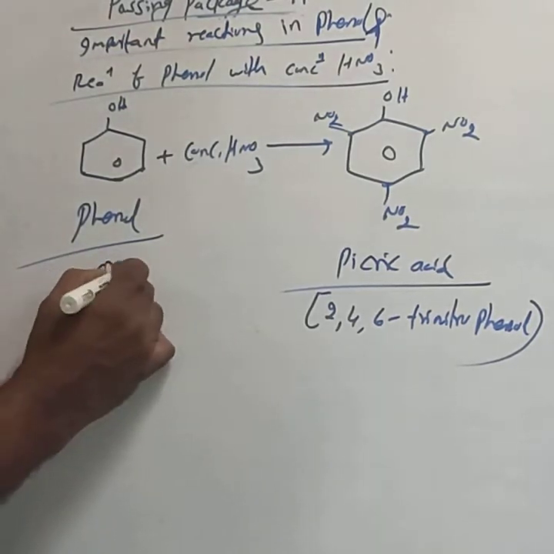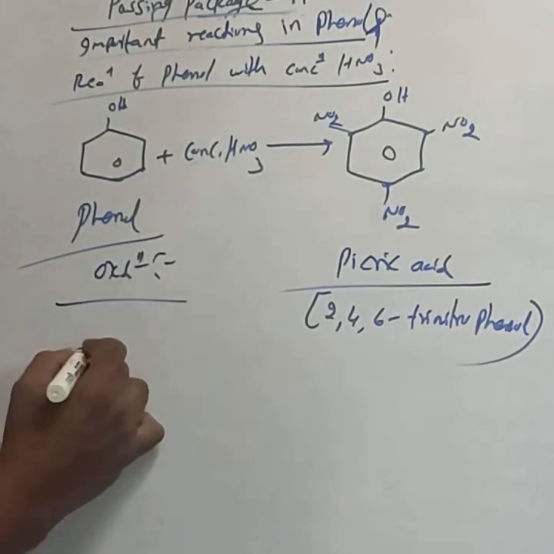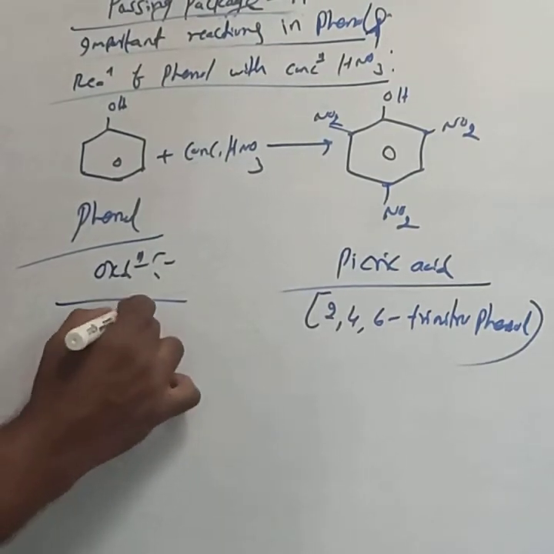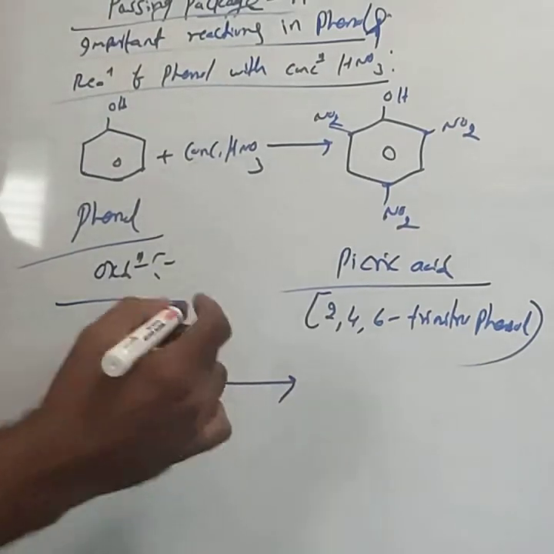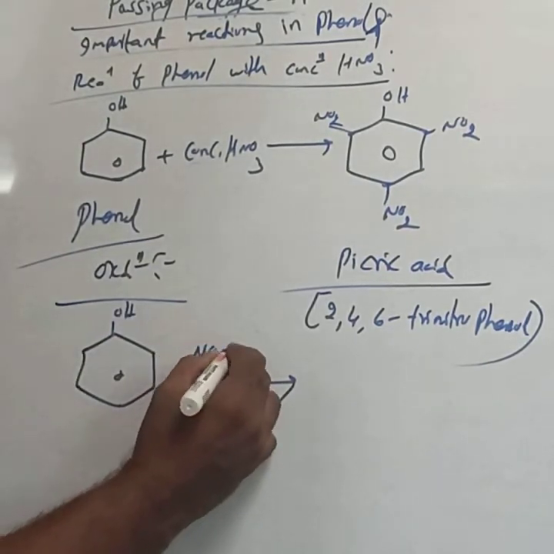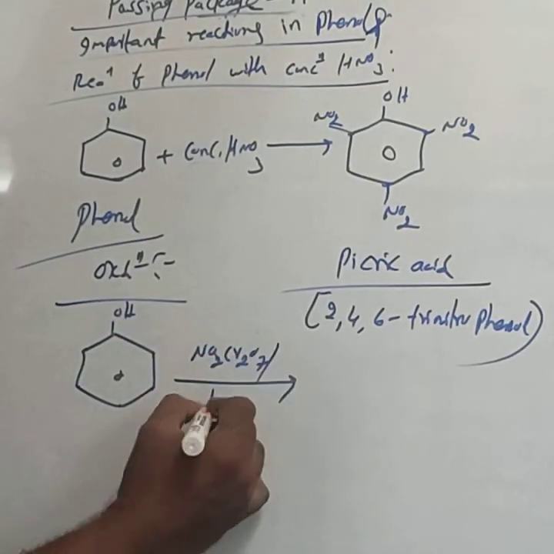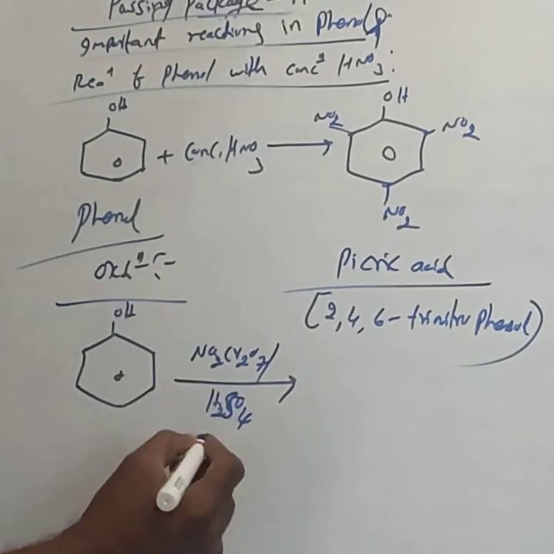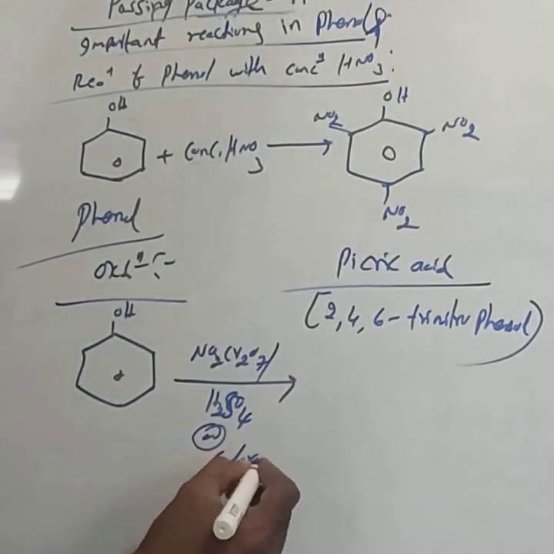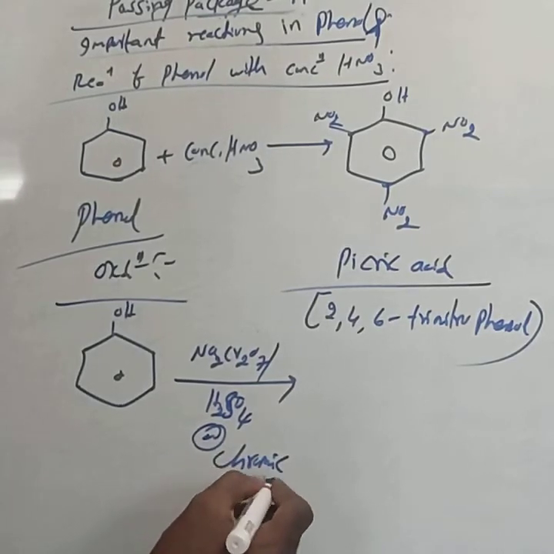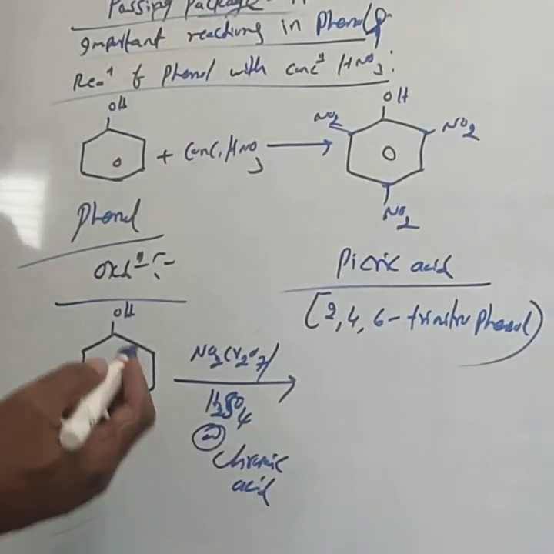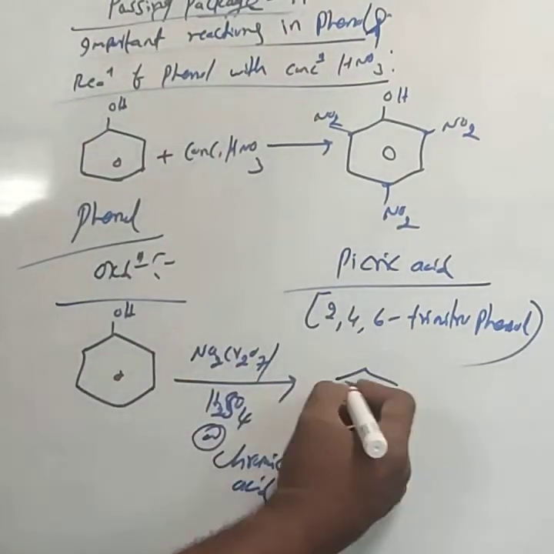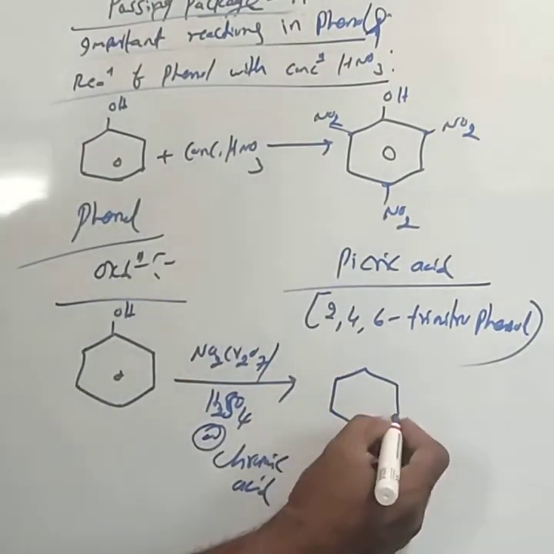Similarly, oxidation of phenol. When phenol is treated with sodium dichromate, Na2Cr2O7 and H2SO4, or they can consider chromic acid, on oxidation we get benzoquinone.